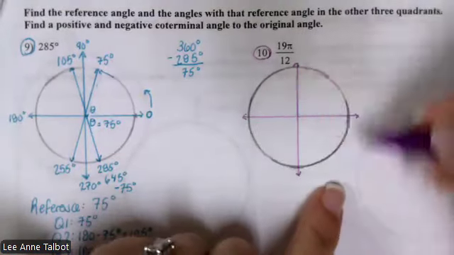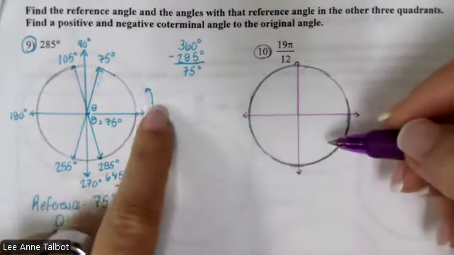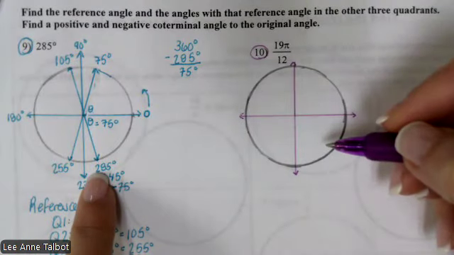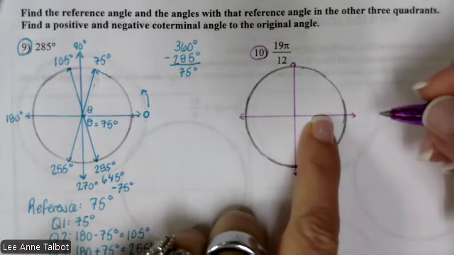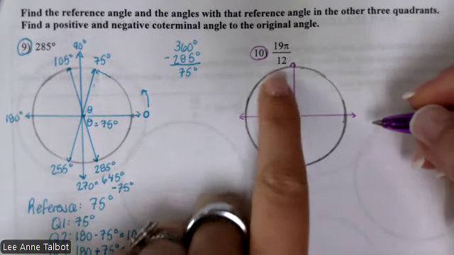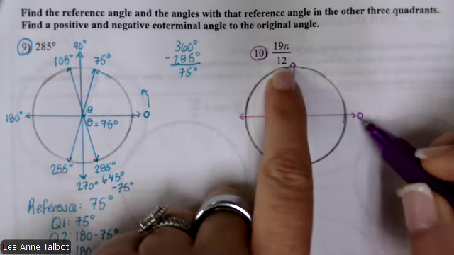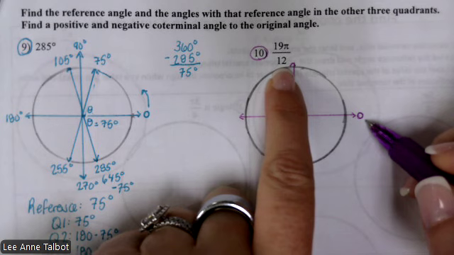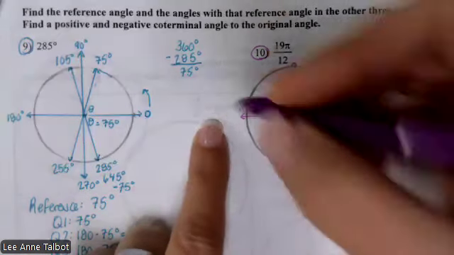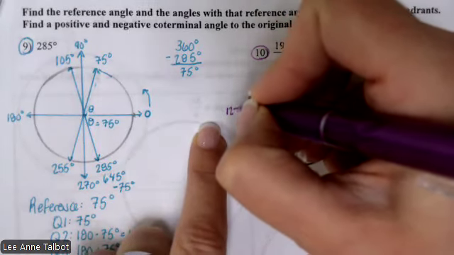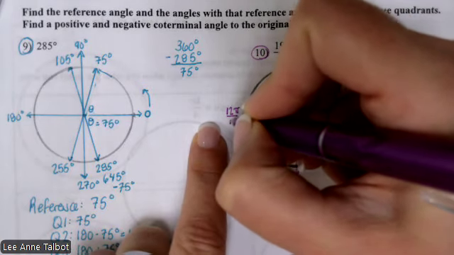Okay, so when I start a radian circle, I'm gonna start it the same way that I start a degrees one. It's just that I'm gonna work in a common denominator because it helps my brain. So I'm gonna put a 0 here. And then over here, I'm going to put 12 pi over 12.